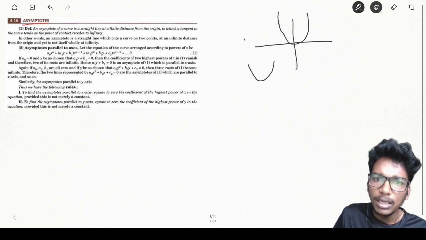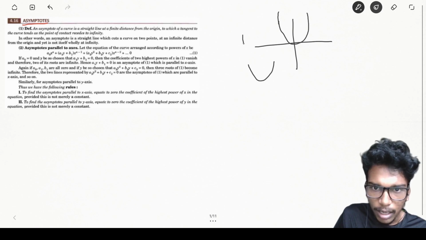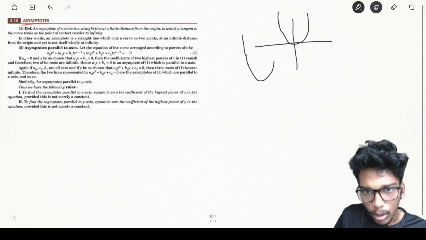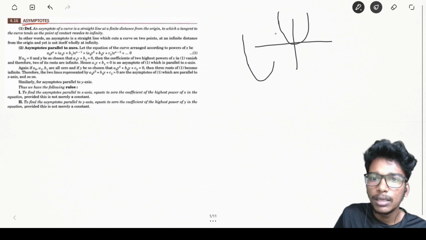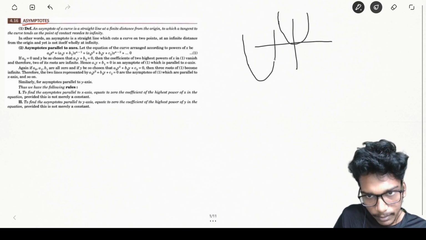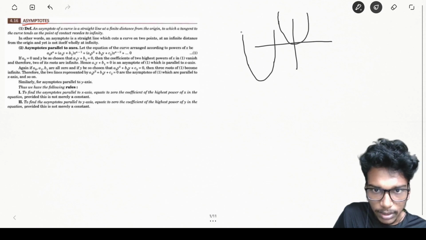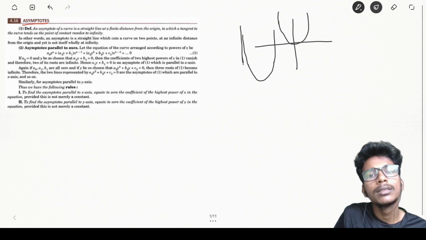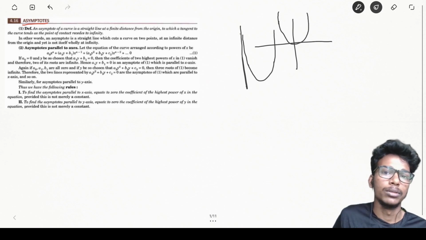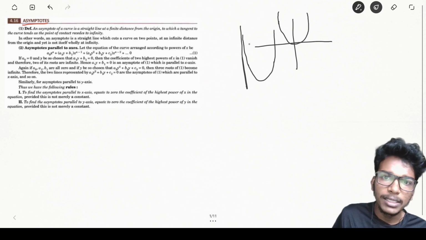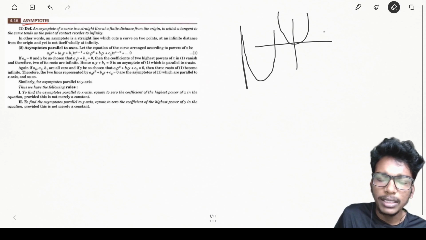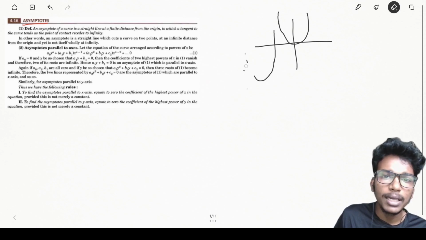After a certain extent, the upper length of the parabola will become straight, and the tangent to this curve at infinity is known as an asymptote.